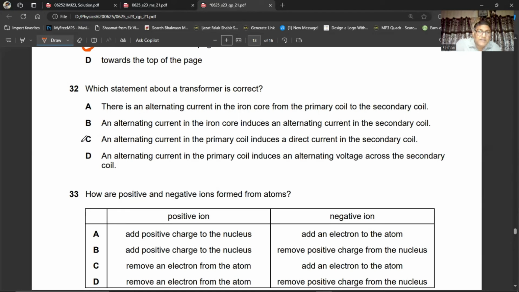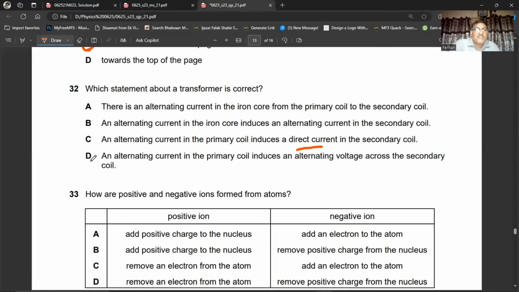That is true. In the primary coil we connect alternating current, and in the secondary coil alternating current is automatically produced. Oh, sorry, he said direct current. In the secondary, direct current is not induced. In the secondary also the alternating current is induced.